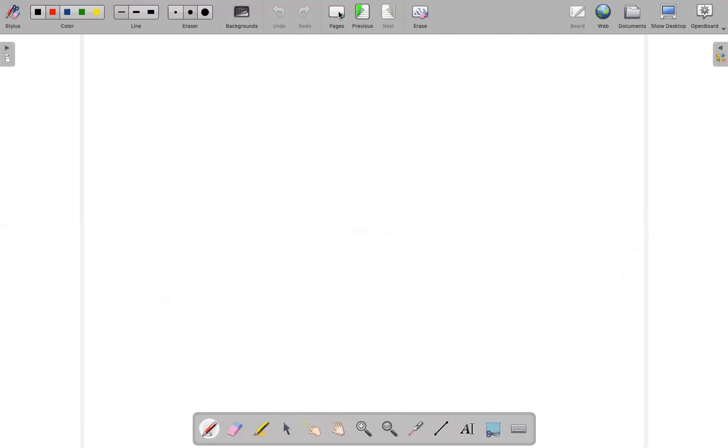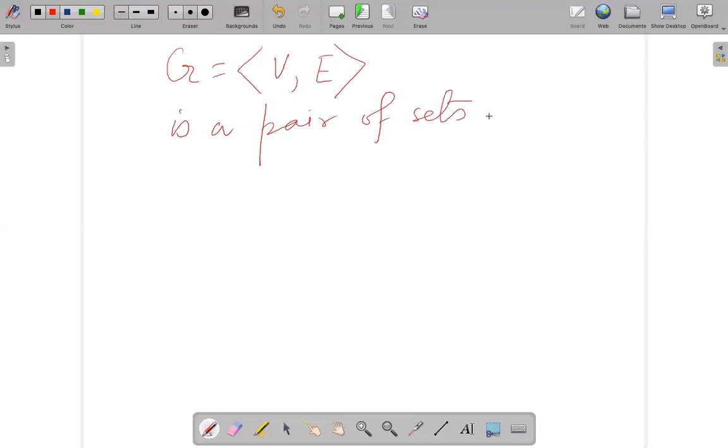A graph G, written as (V, E), is a pair of sets, where V is called the set of vertices, and this is mandatorily non-empty.